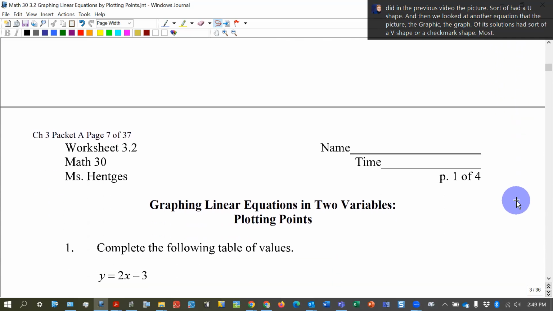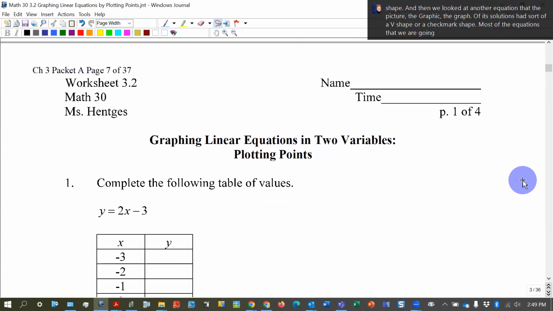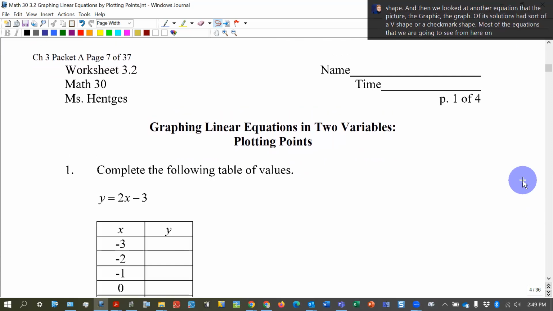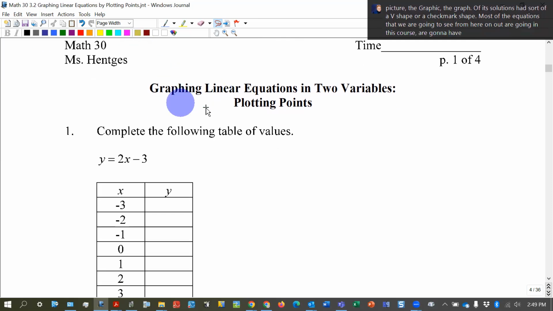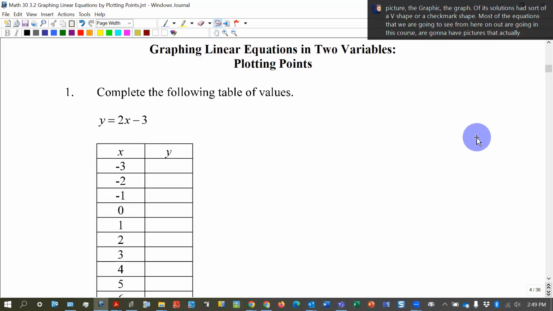Most of the equations that we are going to see from here on out in this course are going to have pictures that actually form a straight line.